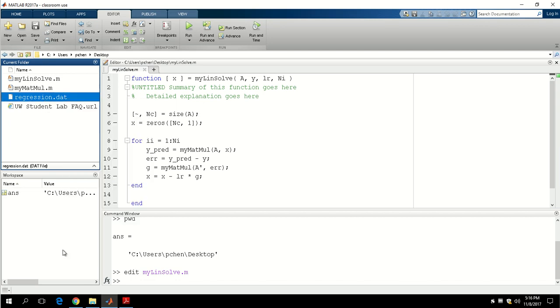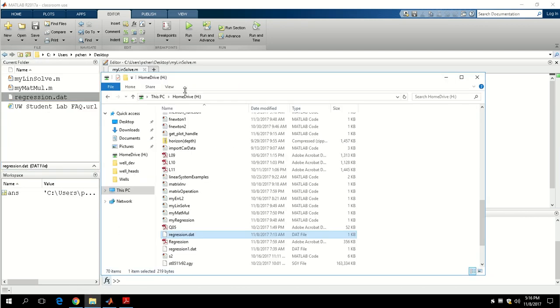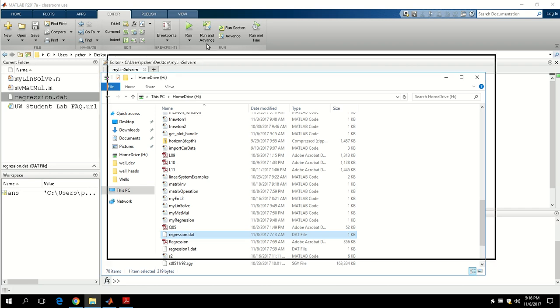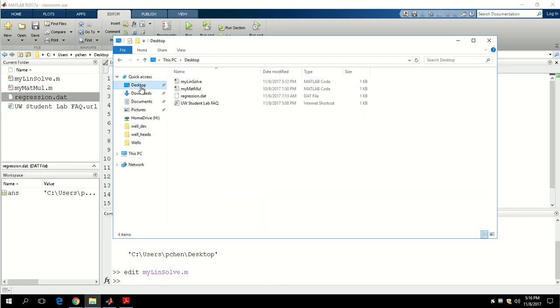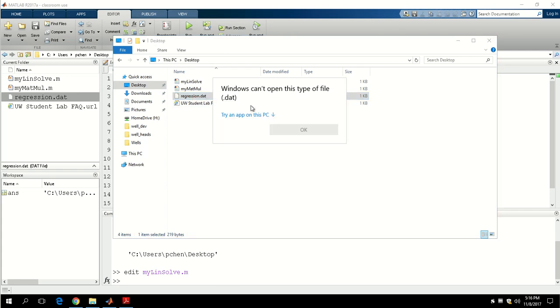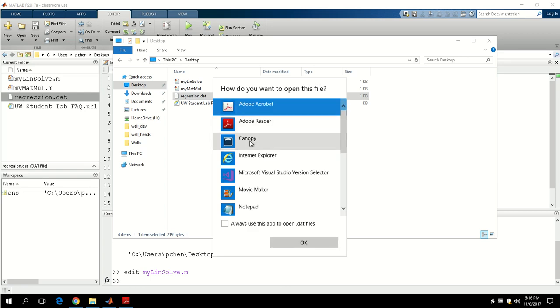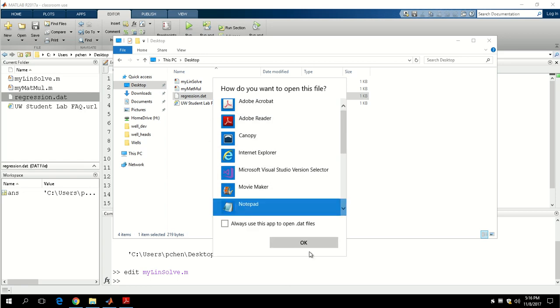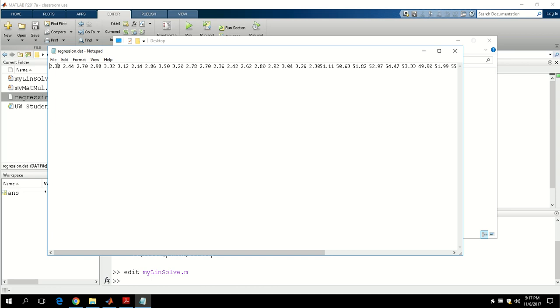If we go to the Windows Explorer and take a look at what's on the desktop, we have regression, right? And this text file can be opened by just using Notepad. So it's just a bunch of numbers.